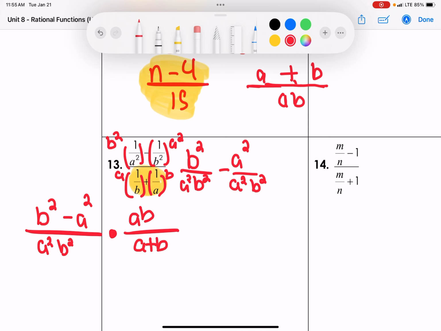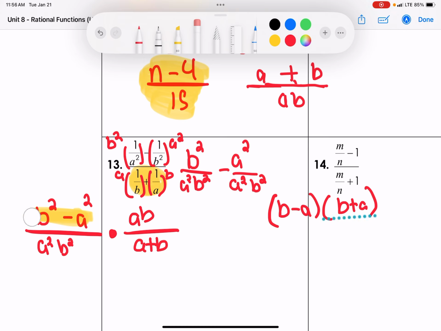All right, so now we still gotta simplify, we still factor. So b squared minus a squared, I'm looking right here, I could factor this. So now that's gonna be b minus a times b plus a. So let's take care of that.